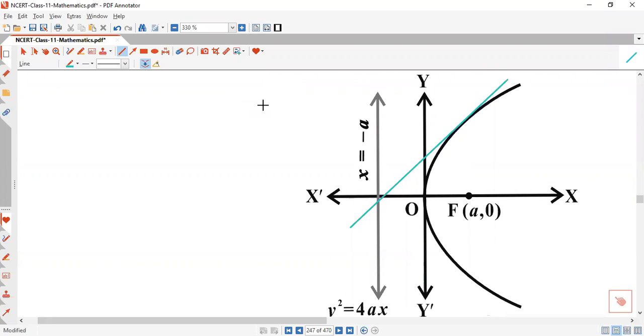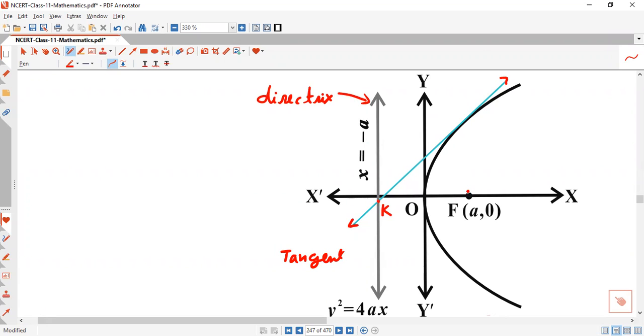This is a tangent, and this tangent meets the y-axis at this point. This is the directrix. This directrix and the tangent meet at this point. We name this point K.